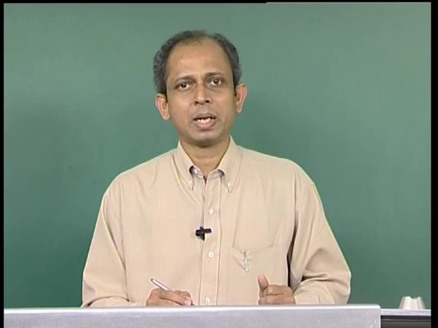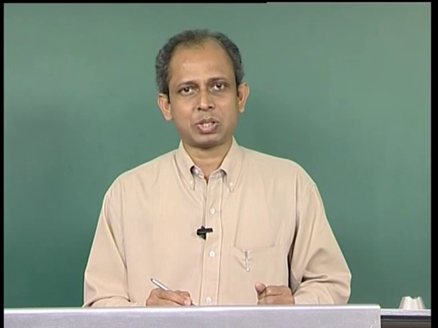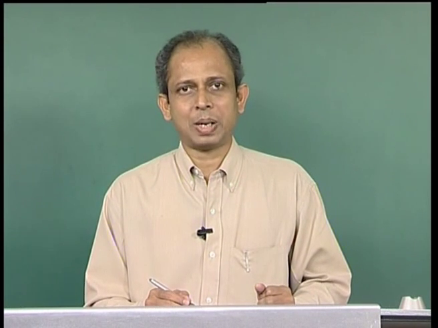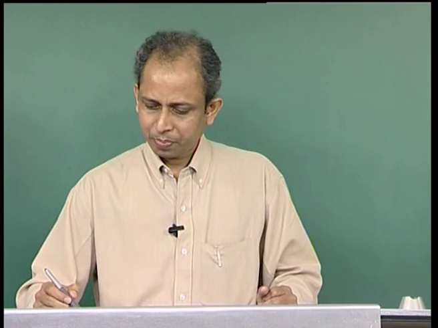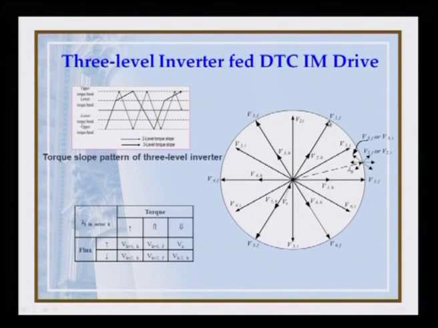So, when we are in sector 1 and we want to increase the flux and the torque simultaneously, and the torque increase is not that fast, we apply V2h, the half vector. Half vector means, here this is the full vector, so we apply the half vector V2h. The flux will increase in this case, V2f.